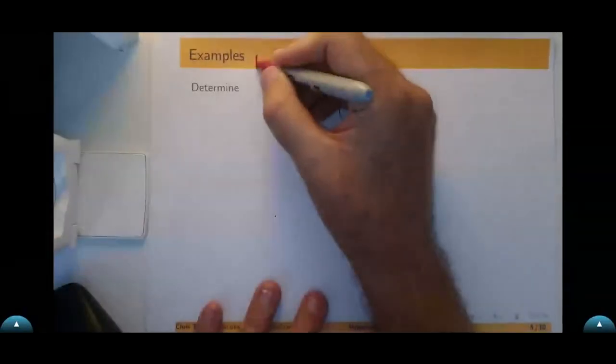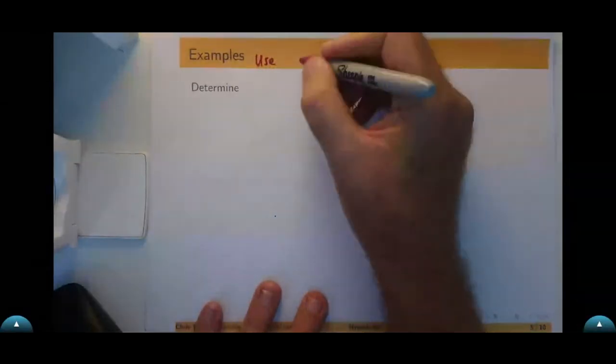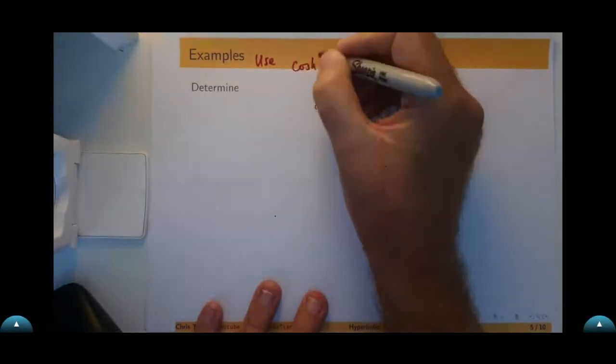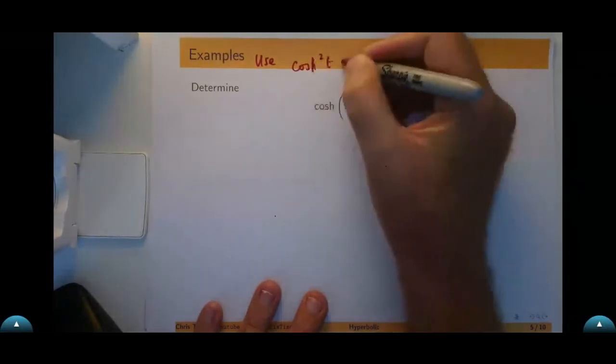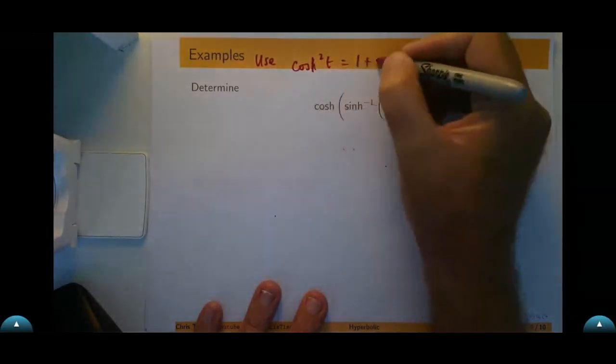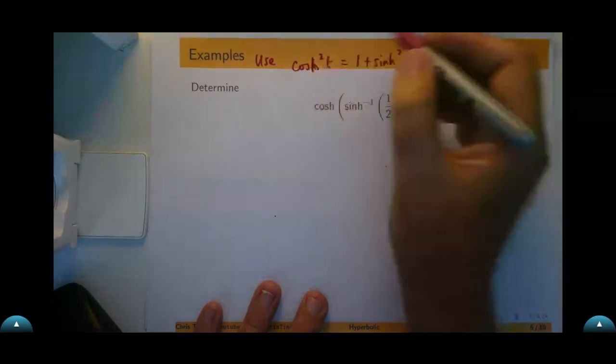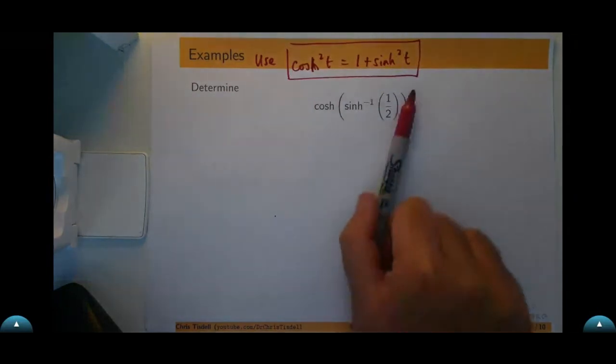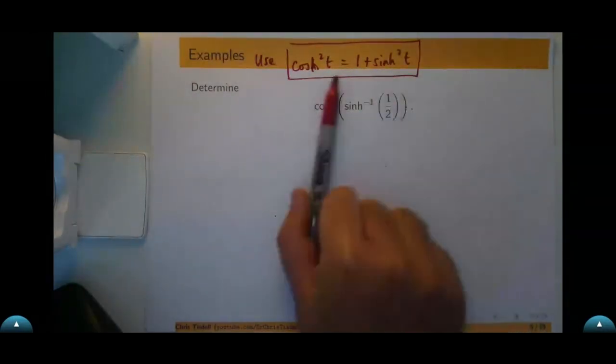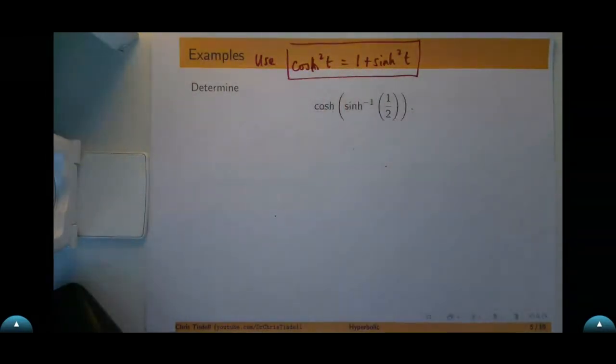And one strategy is to use the following identity. Okay, so let's compute cosh squared, and then we can take the square root of that, and we know the square root's positive because cosh cannot be negative, right? It's greater than or equal to 1.